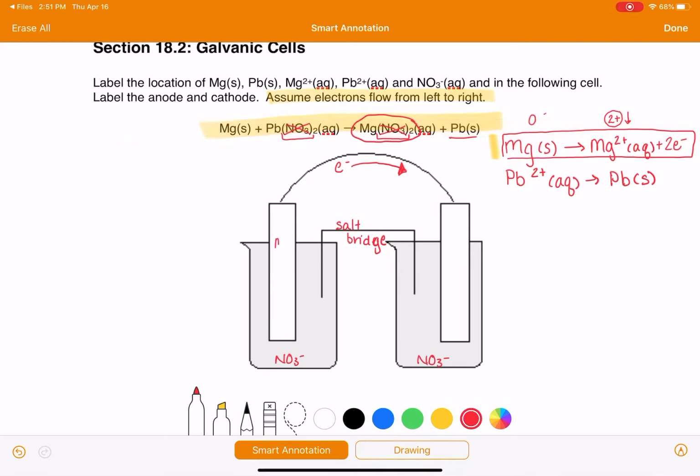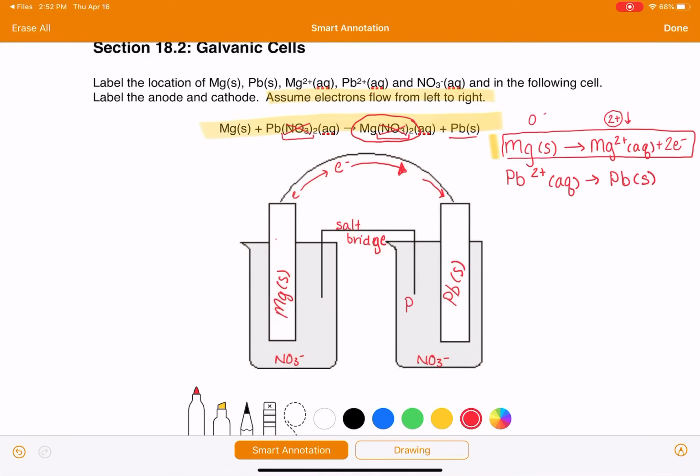So that means this is our magnesium. It looks funny when I write it like that. Magnesium solid is right here, and it's losing its electrons, and they're heading down over here, this direction right there. And they are being given to the lead. So that means we've got lead over here on this side.